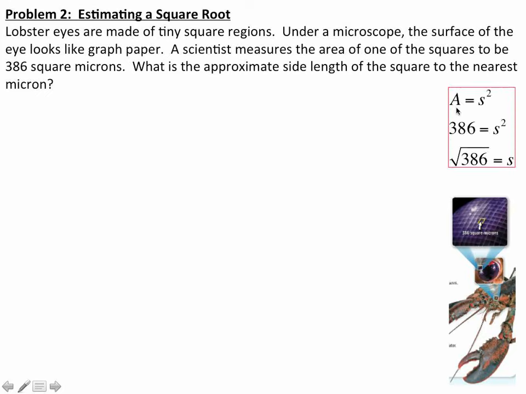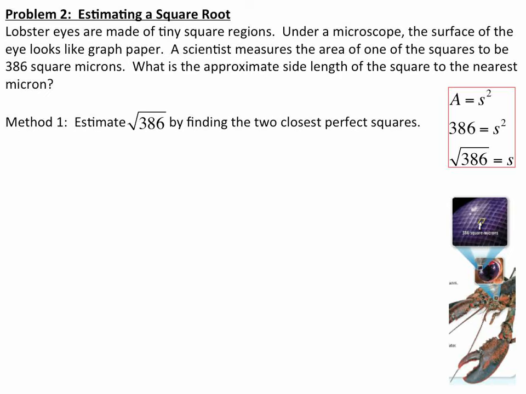Well, the area of a square is the side times itself, the side squared. They told me the area of one of those little squares was 386. So really, the question is, what number times itself, what number squared, is 386? In other words, what is the square root of 386?